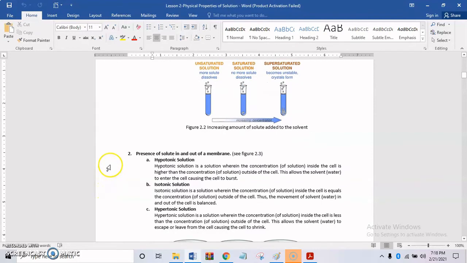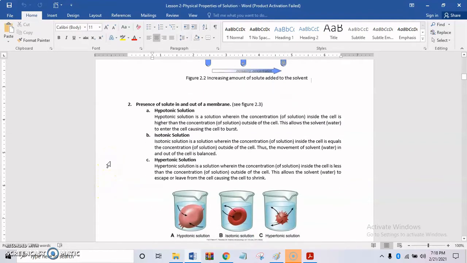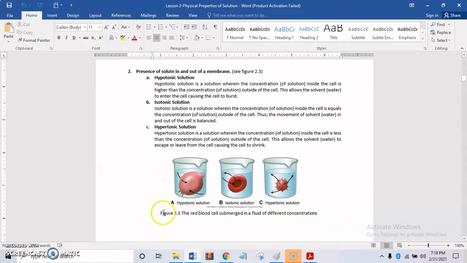Next is the presence of solute in and out of a membrane. There are three kinds. Figure 2.3, the red blood cell, here it is, submerged in a fluid of different concentrations. First scenario is the hypotonic solution. Hypotonic solution is when the concentration of the solution inside the cell is higher than the concentration of the fluid outside the cell.